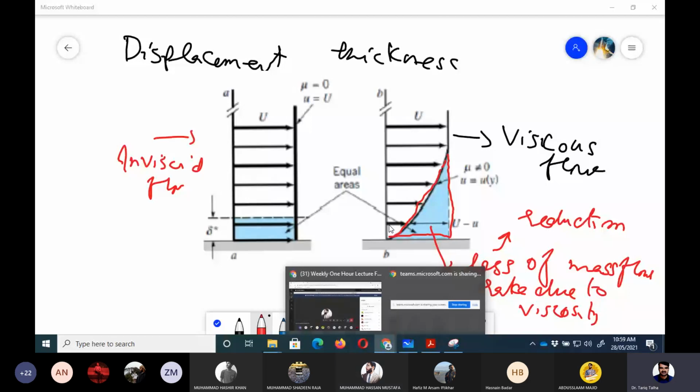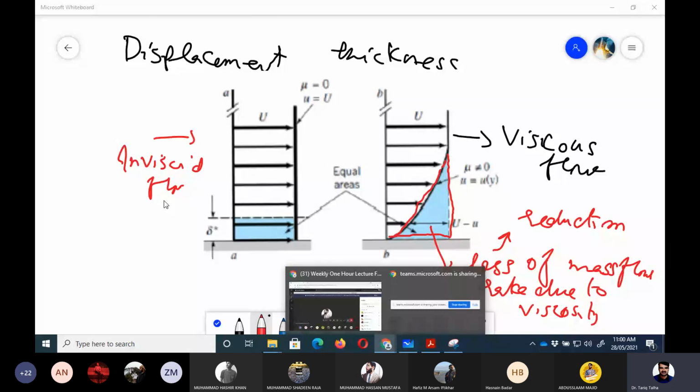So it means that viscous flow would have less mass flow rate in the boundary layer region as compared to the same region if it was inviscid flow, which is outside the boundary layer. Now it means that there is a reduction of mass flow rate.